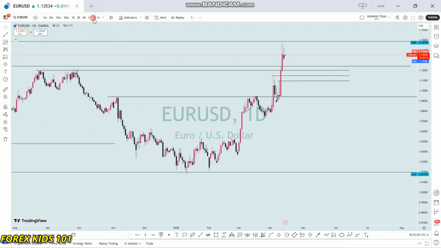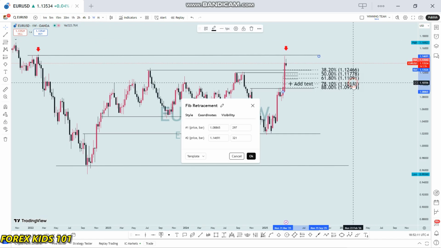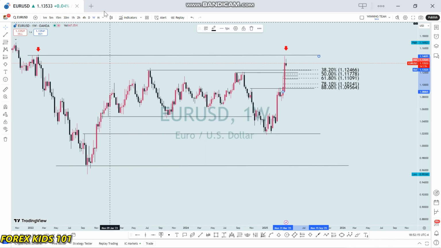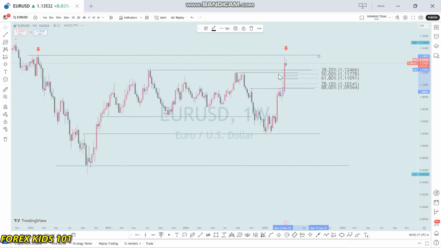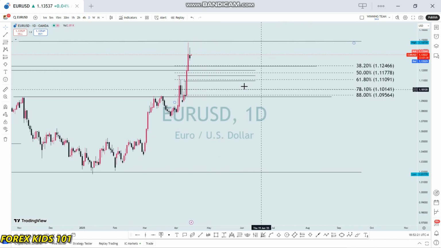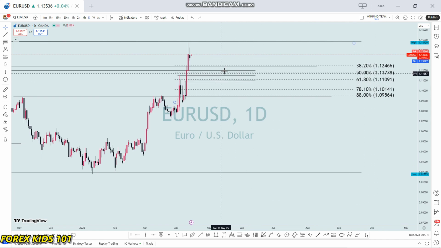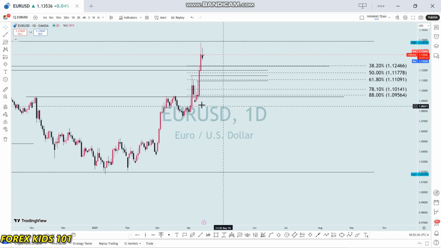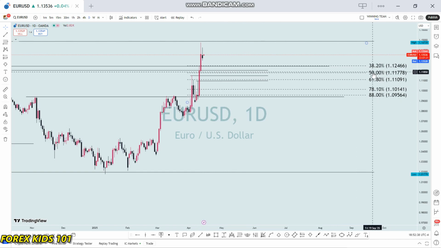I forgot to make it visible on other time frames, so I'm gonna make it visible on daily. On our daily time frame, you can see we have our 61% right here and our 50% right over here. In between, we have this gap and this internal high, which is the next possible area that we might see EURUSD playing to.